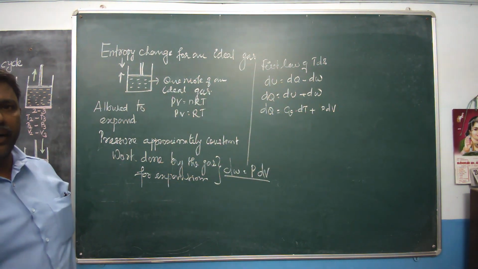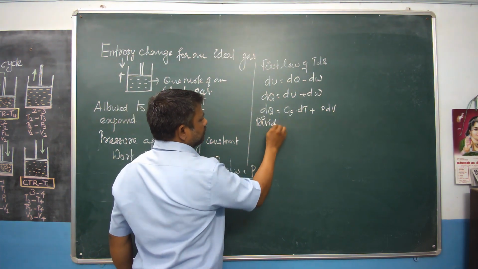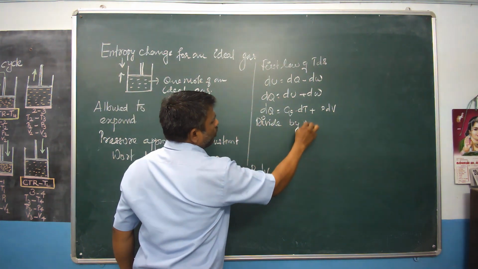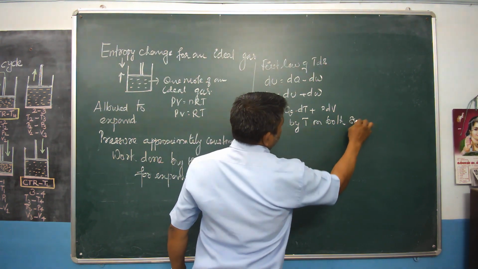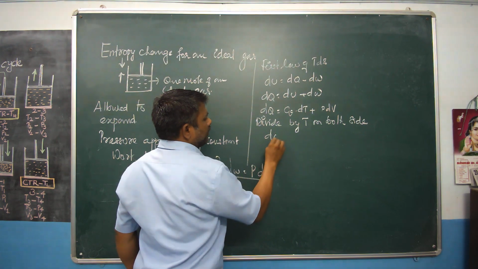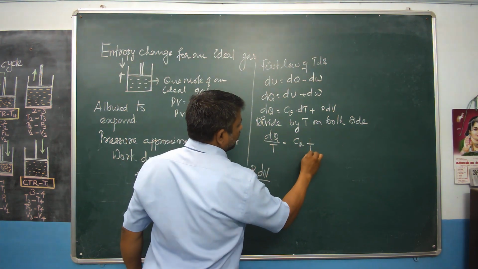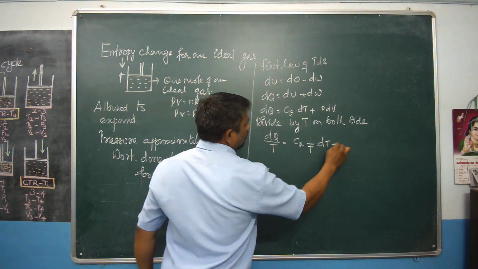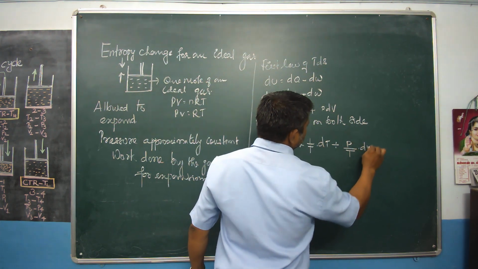Divide by temperature on both sides. That is, dQ by T is equal to Cv into 1 by T into dT plus P by T into dV.